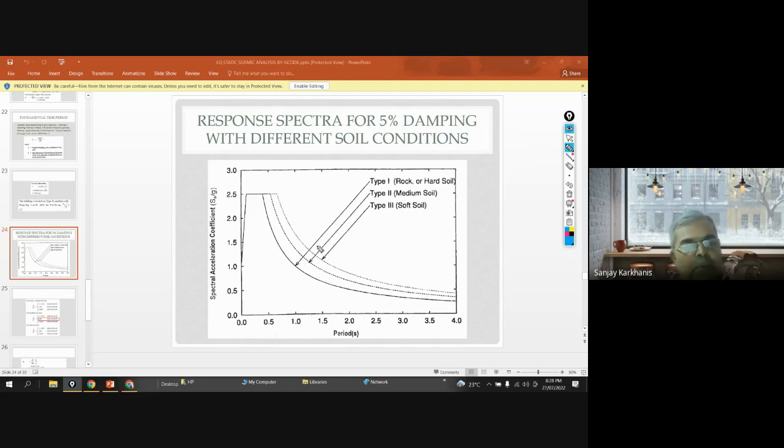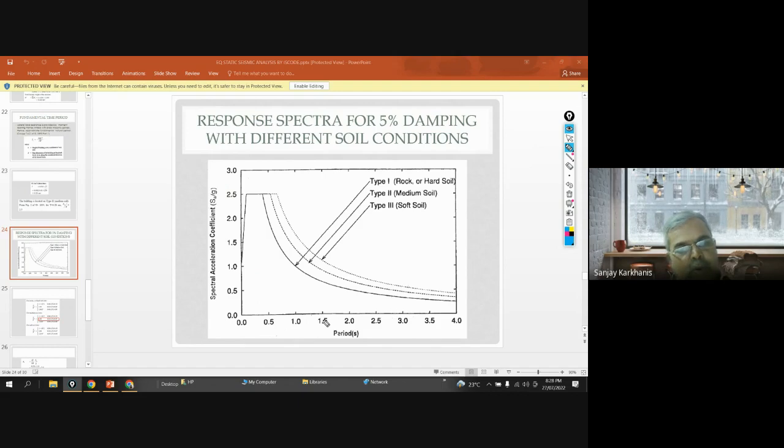But even if you want the equations of these curves, you can see that this is a straight line parallel to x-axis, and this is a logarithmic decay curve, and there are three curves. So all these three curves are having common horizontal line and common inclined line for something over here.